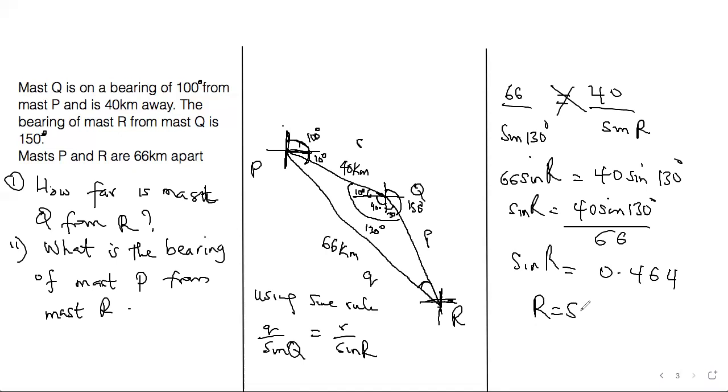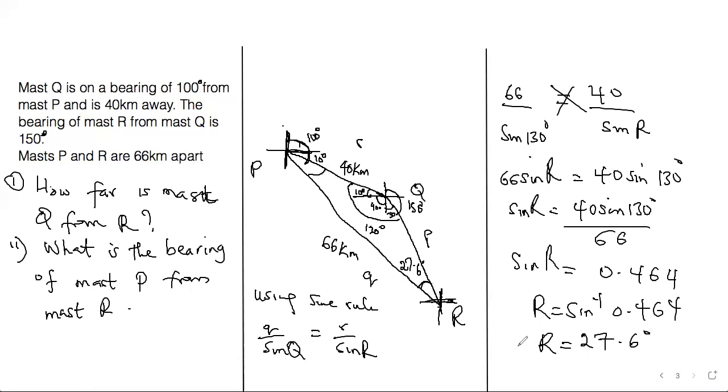Then R will be sine inverse of 0.464, which is 27.6. So that is this angle, 27.6. So I can use that to figure out this angle because everything adds up to 180 degrees.